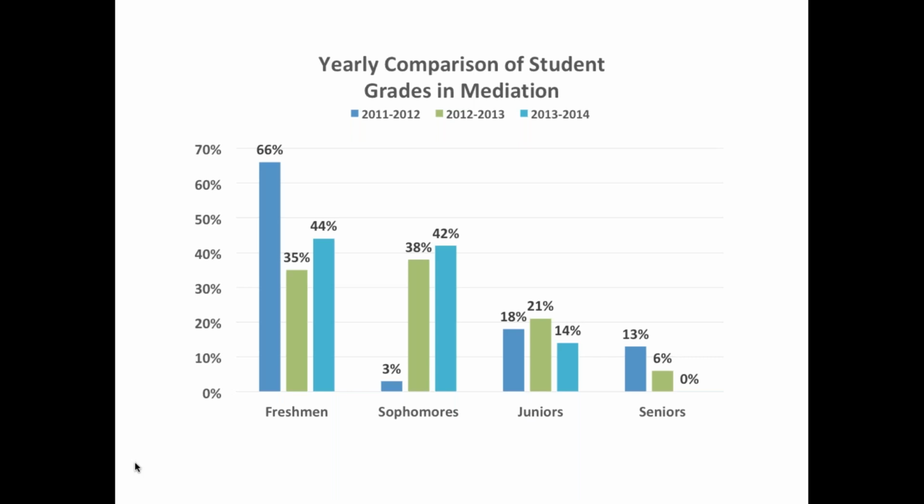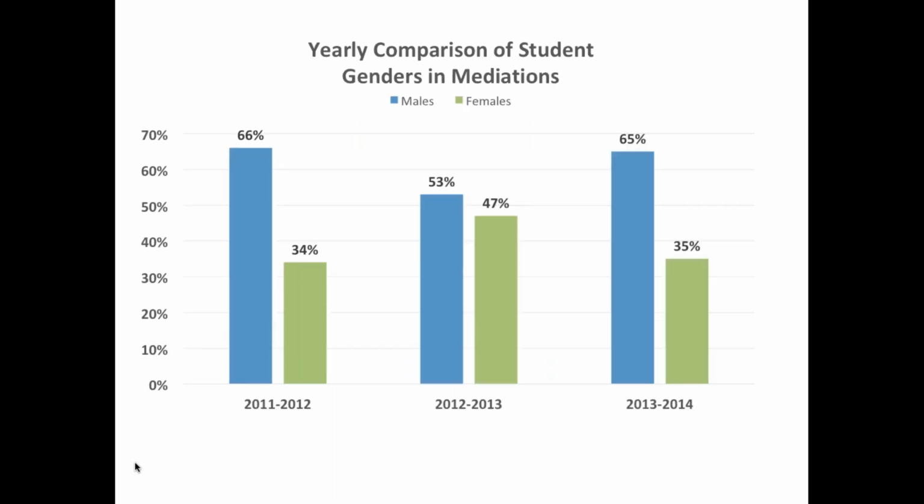Mostly in a high school of 9th to 12th grade, the freshmen utilized this intervention the most, and sophomores. More males than females, slightly, though it differed by year.